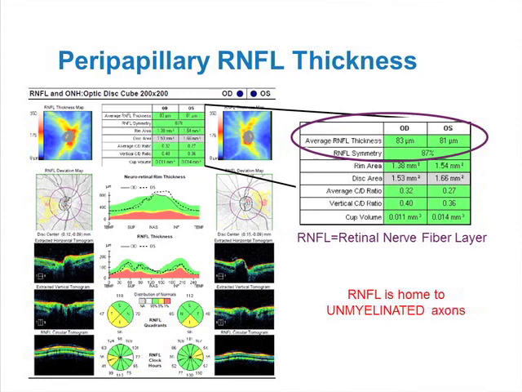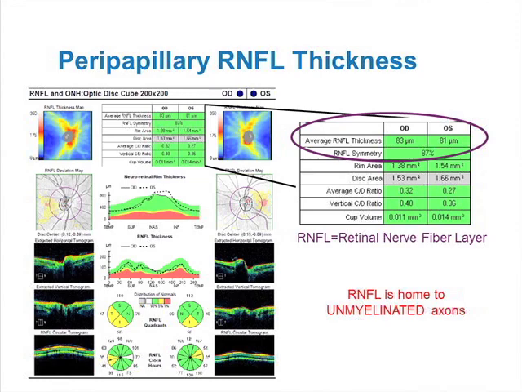In this patient, in the right eye, or OD, the average RNFL thickness is 83 micrometers, and in the left eye, 81 micrometers. What does this mean? This means that if you take an area of a circle, and in these figures, it's actually a purple circle that the machine artificially draws around the optic nerve head seen on the fundus photographs.